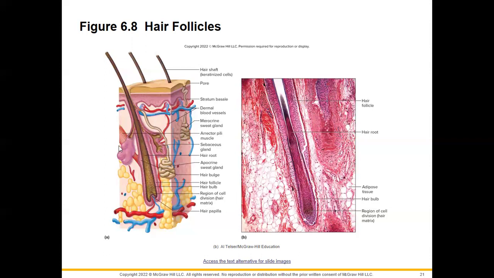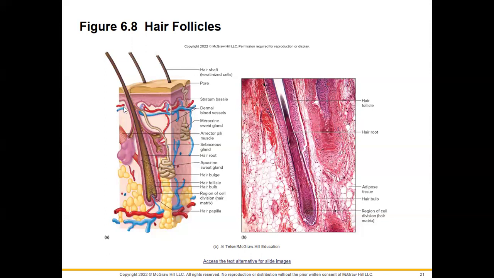You have sebaceous glands that are directly connected to your hair follicles. This is how hair gets so oily, because the sebaceous glands basically open into the hair follicle through a duct, and that leads to the surface.